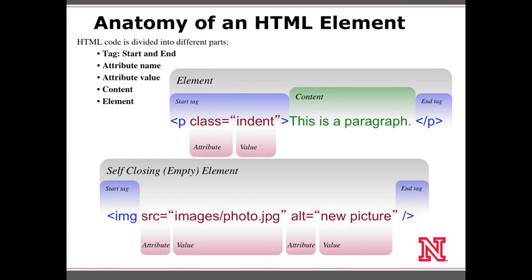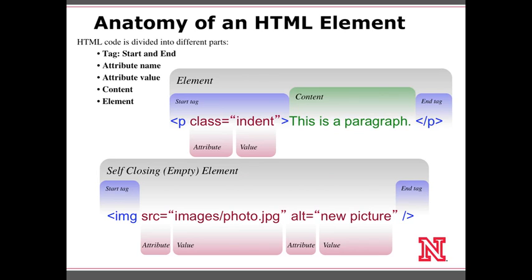So the anatomy of an HTML element has several parts. The element is the whole thing from open tag to close tag, or start to end. So your tags would be, in the case of this first element, the paragraph open tag, and that includes an attribute. If attributes exist within an HTML element, the attribute must be in the open or start tag.